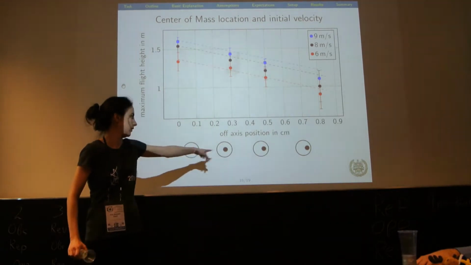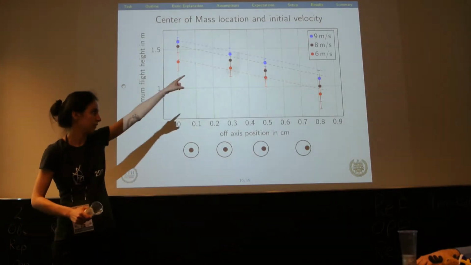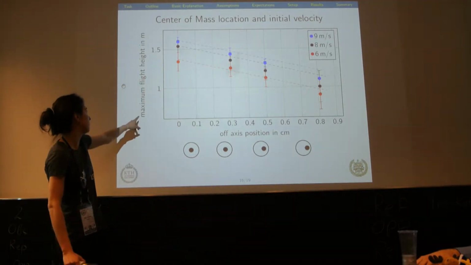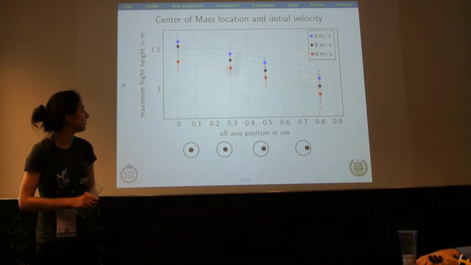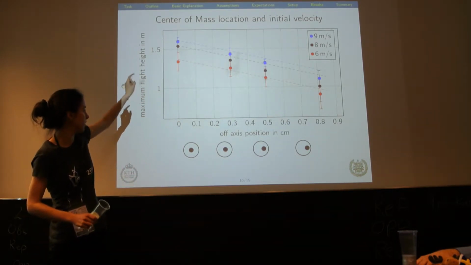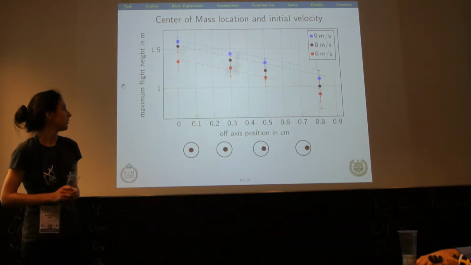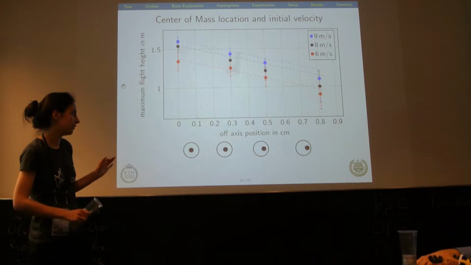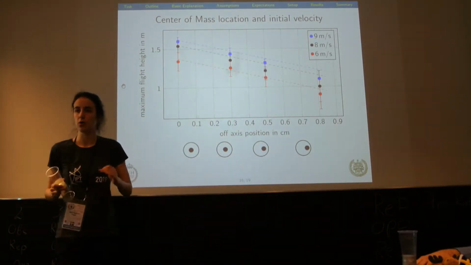We place the coin like this in the flyer and threw it with different initial velocities. Here's the maximum height with the corresponding errors plotted, the red line is the theory and the X is the fit. You can see that the maximum height is lower if I go more and more off-axis.